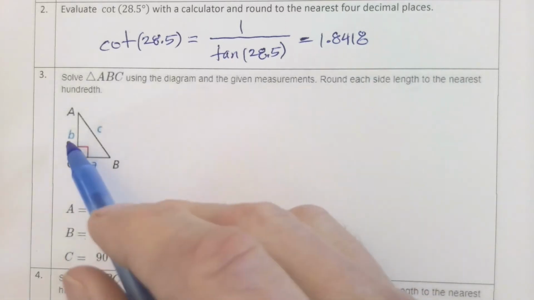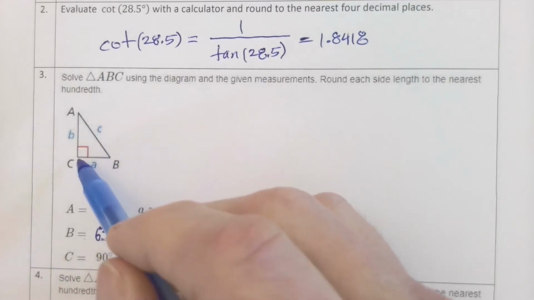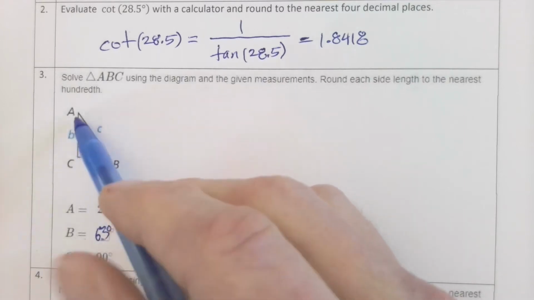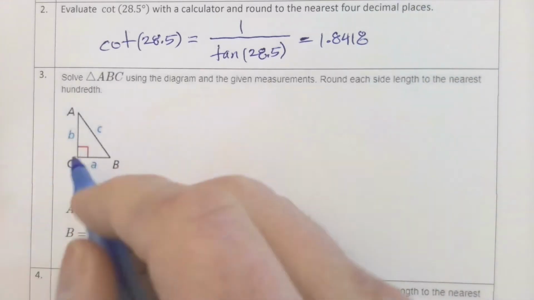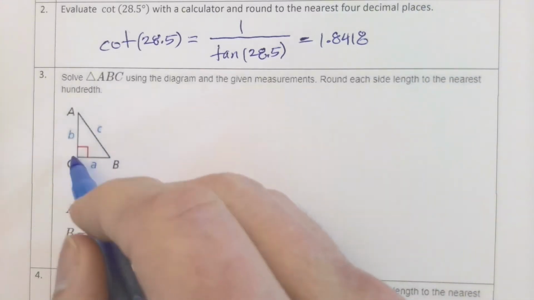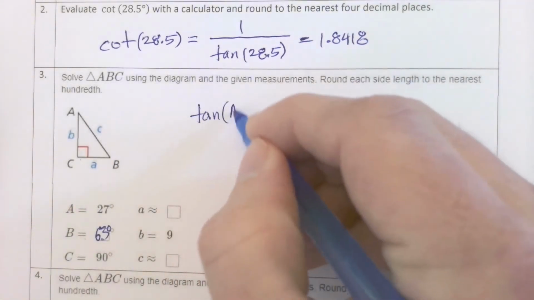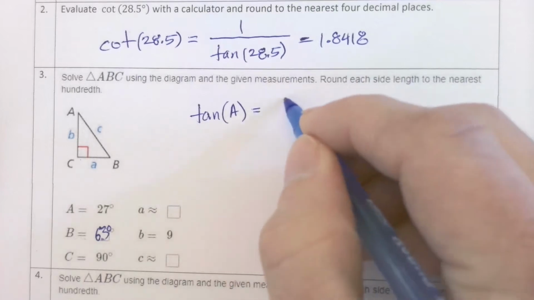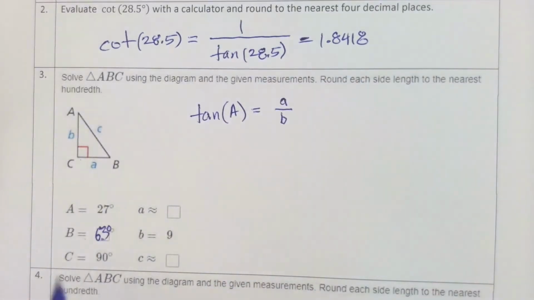Well, a and b are the legs. Relative to angle A, this is an opposite leg and this is an adjacent leg. And remember, tangent is opposite over adjacent. So the tangent of angle A is dimension a over dimension b.